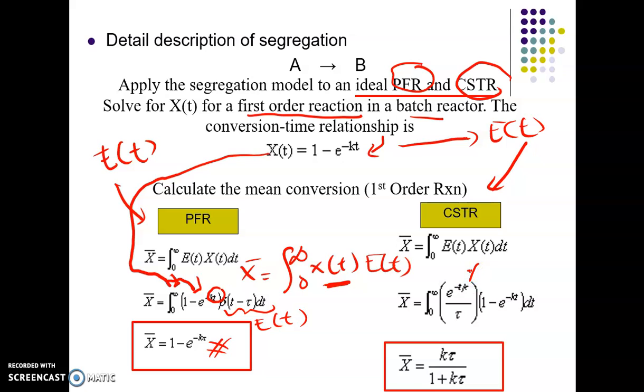If you remember, you may refer back to the previous lecture note, or you may refer back to your textbook. So this is actually your XT. When you simplify that, x bar equals k tau over 1 plus k tau. So this is for CSTR, segregation model, right?